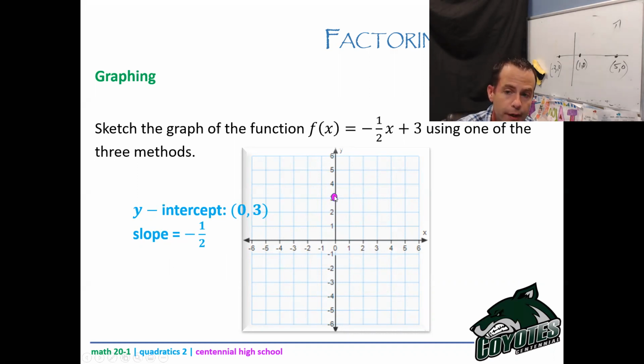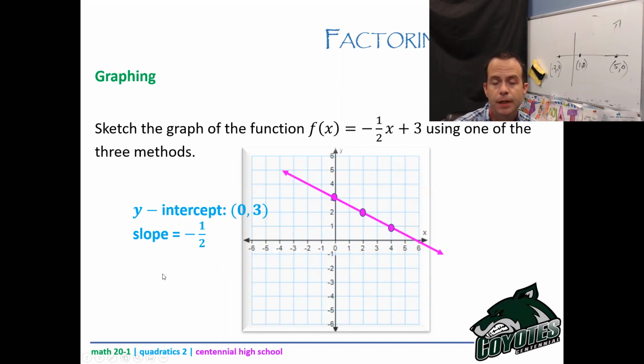From that point, I'm going to go down 1, right 2, and I can put another point there. Down 1, right 2, I can put another point there. Once you see what your dots are doing, get out a straight edge and you can connect those dots. You know that this is a line just from all of your work that you've done in 10C. So grab your ruler, draw that straight line. It would look like that.